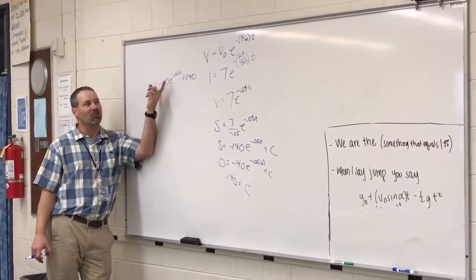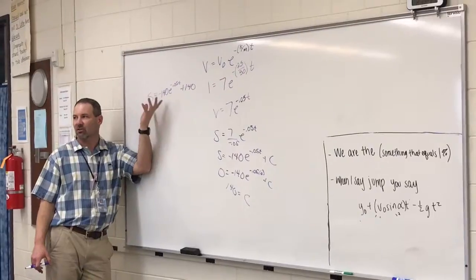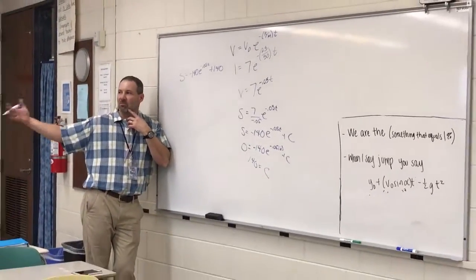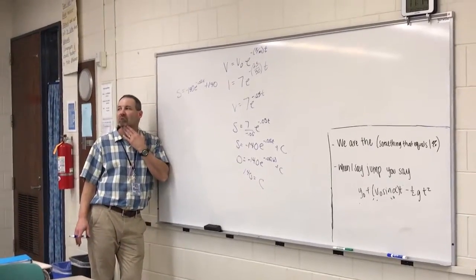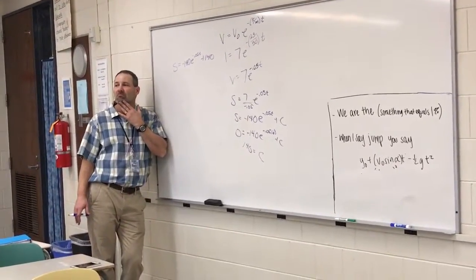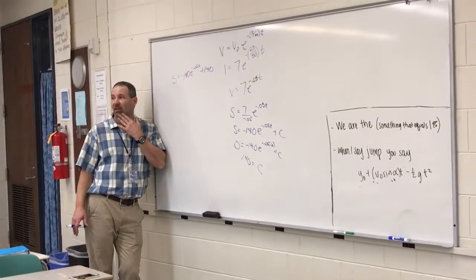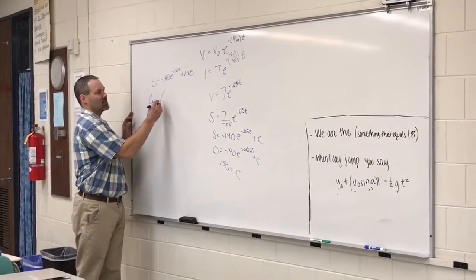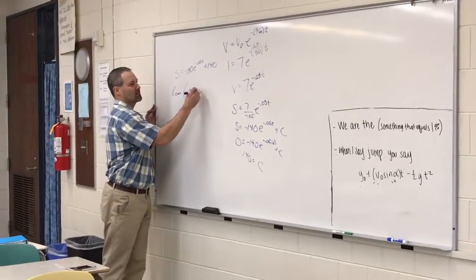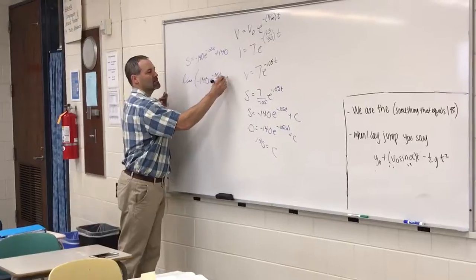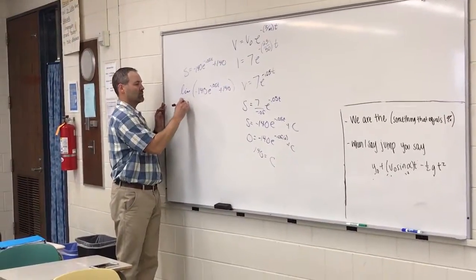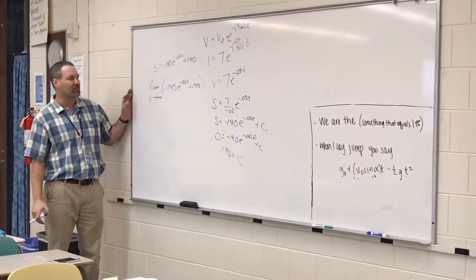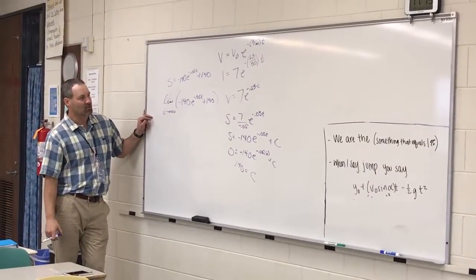If I want to know the position when time is 100, you could plug that in. Well, we want to know when you completely come to a stop. So what would my time be then? Right, a really big number. So we might as well just find the limit of our S equation as t goes to infinity. That'll give me the largest distance possible based on this information.